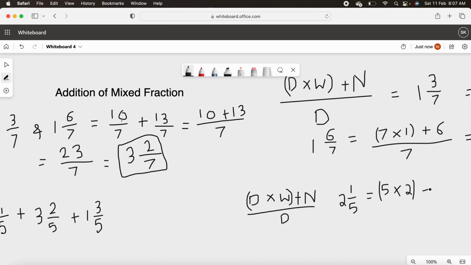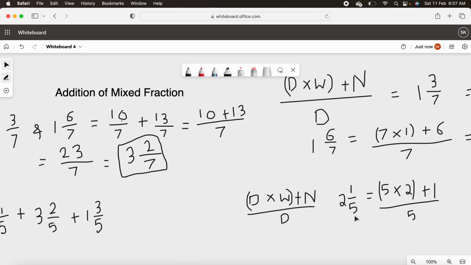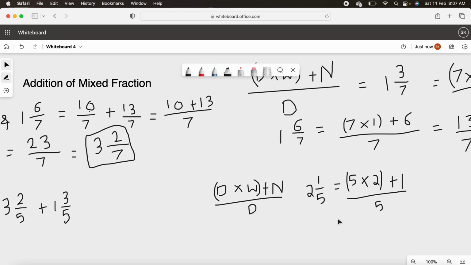Add 1 divided by 5 is nothing but 5 times 2 is 10, 10 plus 1 is 11, 11 by 5. 2 1 by 5 is 11 by 5.